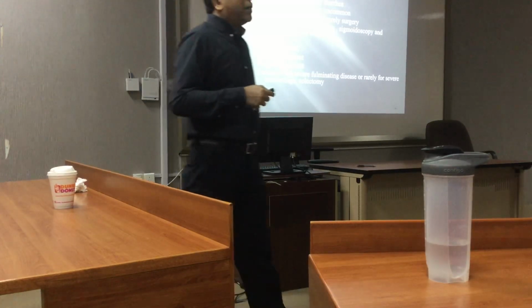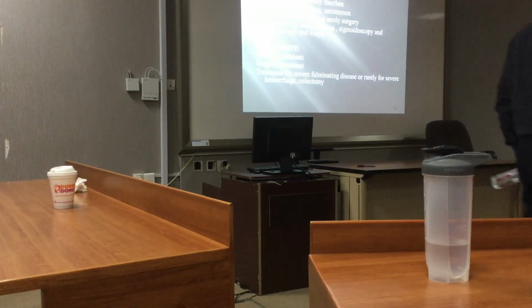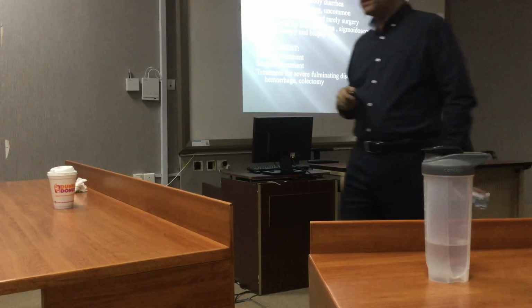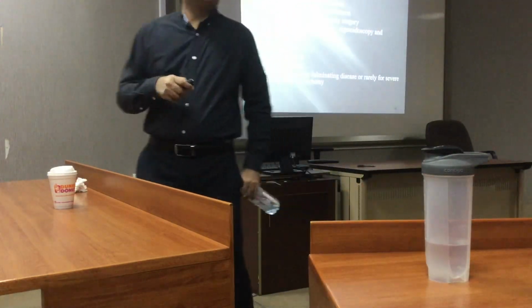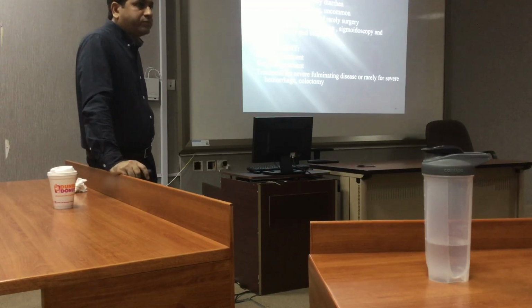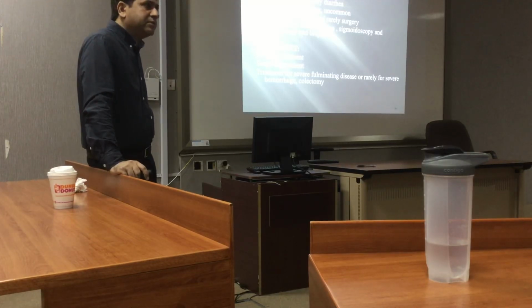I think you all know the differences between ulcerative colitis and Crohn's disease. First is the site. Crohn's can be from the mouth to the anus, but ulcerative colitis is mainly colorectal.